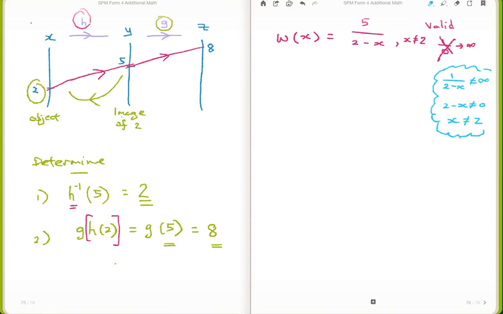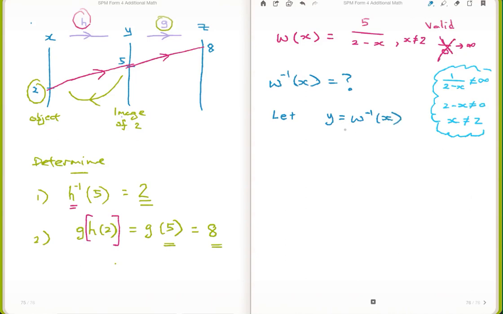Now, aside from that, first of all, a question says find out what the inverse function for w is. Well, you were not given a map, so we're given a function. So how to do that? You need to use substitution. First, let y equal the inverse of x.